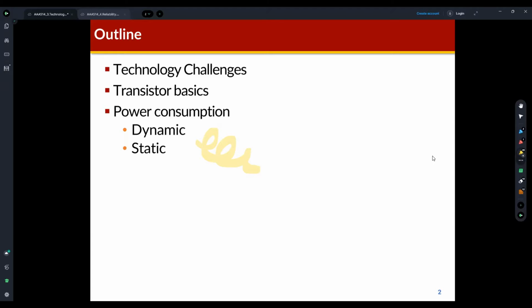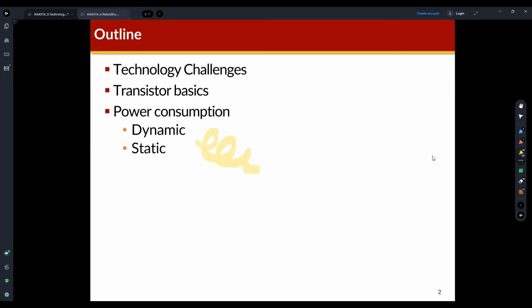Which means that characteristics of these processors, like power consumption and area cost and some other characteristics, will be better if we use advanced semiconductor technology.